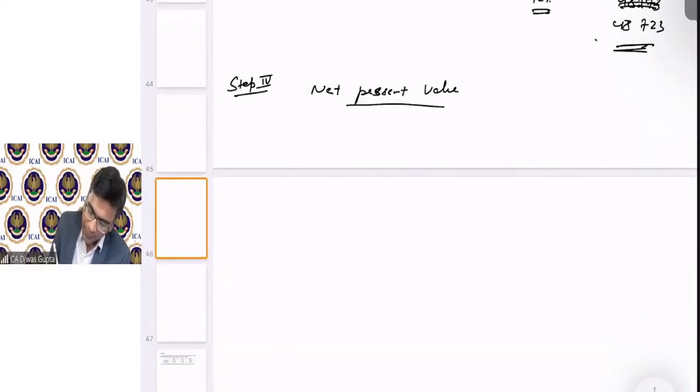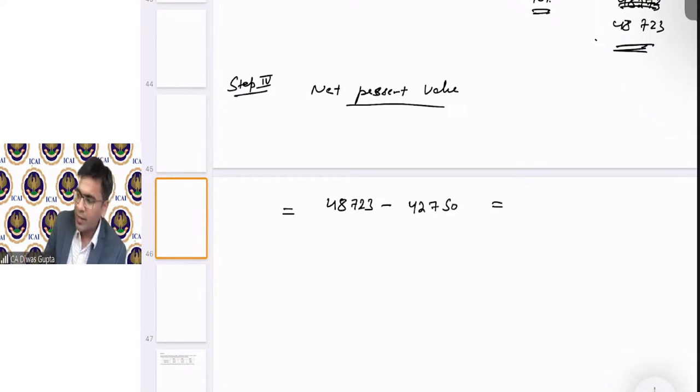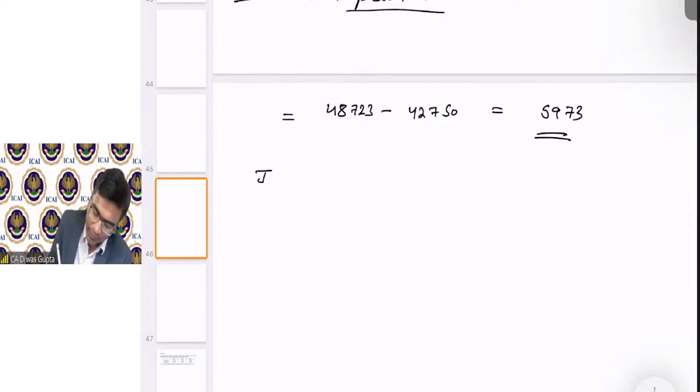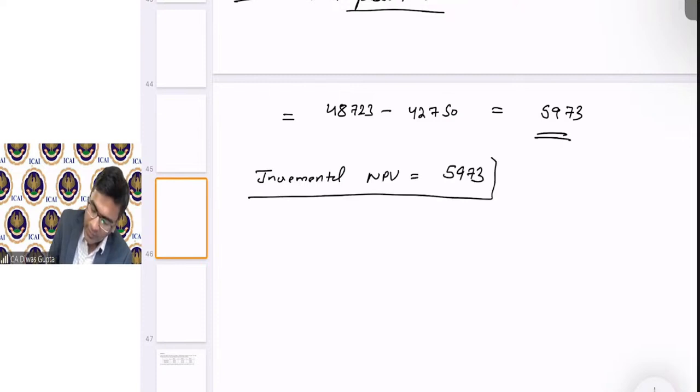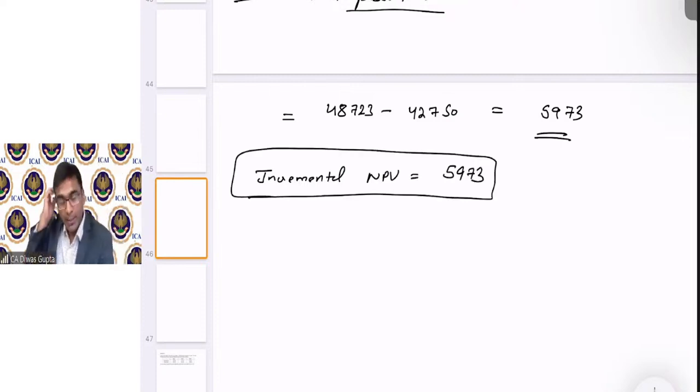So this will be 48,723 minus 42,750. So in a way, this is 5,973. So the incremental NPV will be 5,973. This is in case we go ahead and replace our existing computer with the new computer.